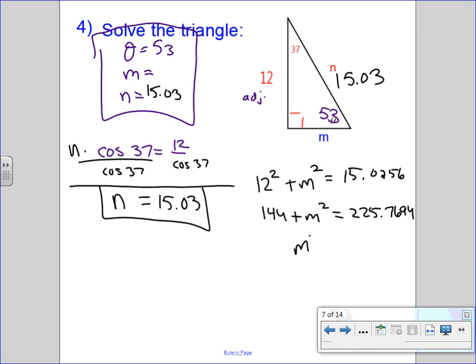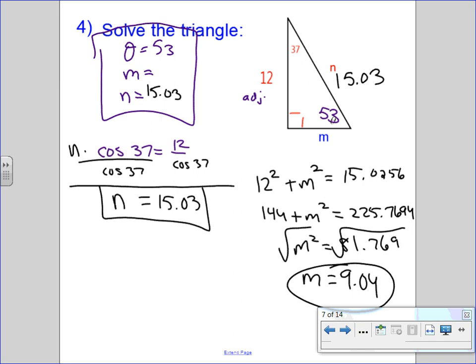So yeah, that gives me 81.769, and then square root both sides. 9.05. Okay. So let me pause the video and let you catch up with your work real quick.